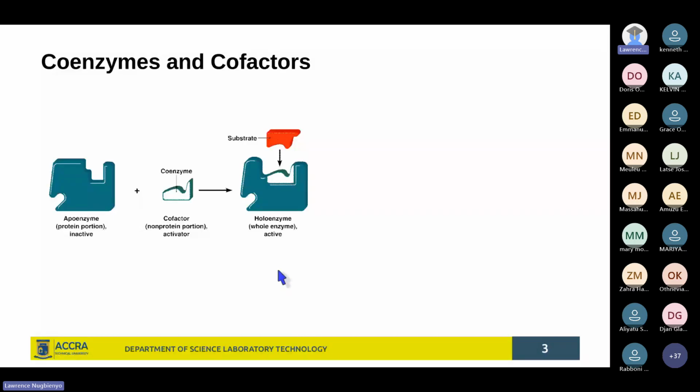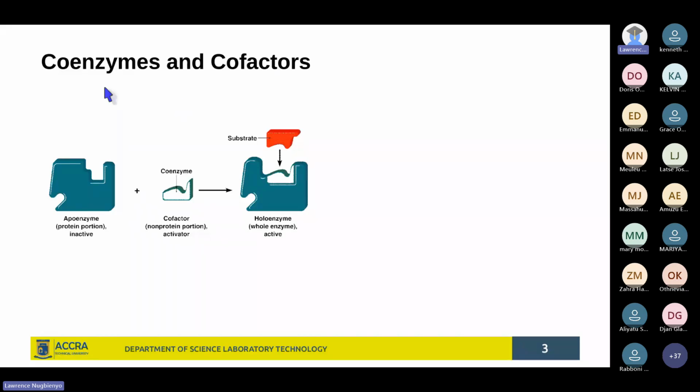Coenzymes are organic substances, whilst cofactors are inorganic, usually metals. So these are metal ions which are needed. So that's the difference. Cofactors are some metal ions, whilst coenzymes are some organic compounds.